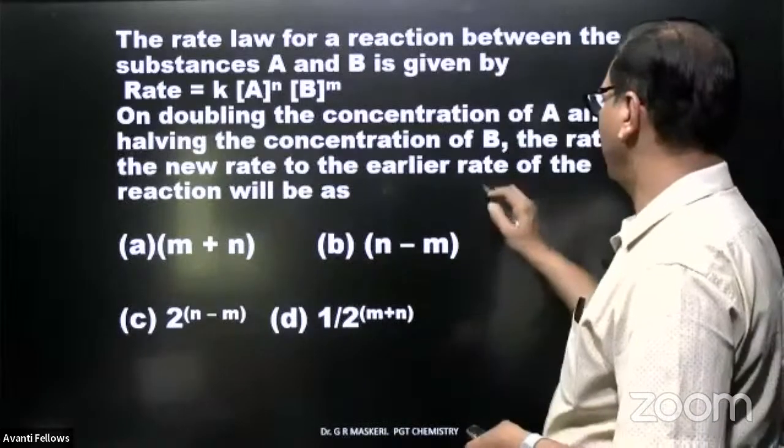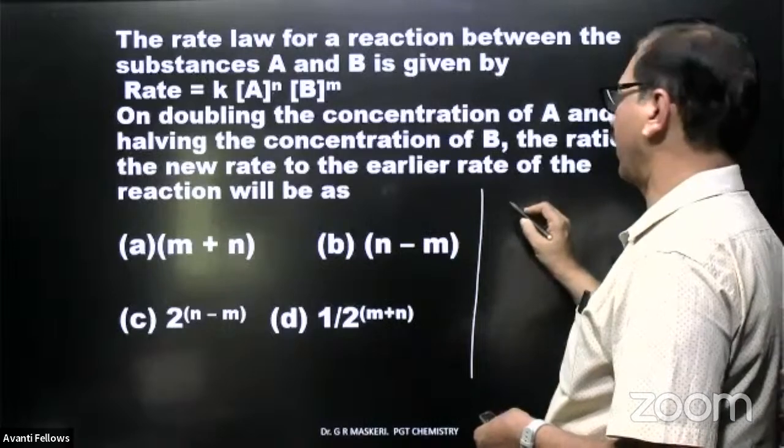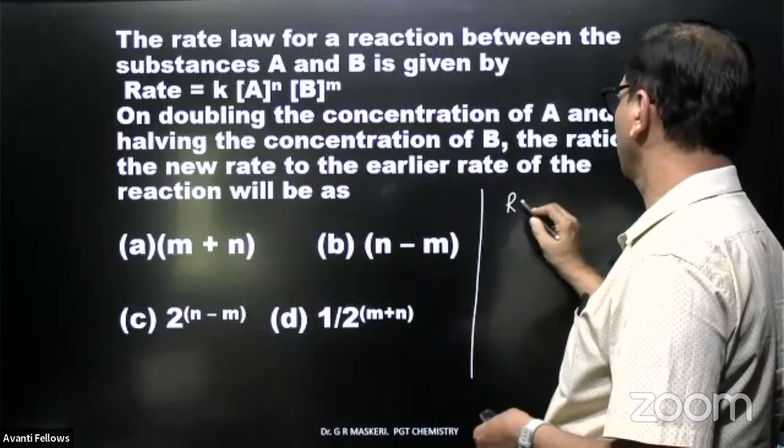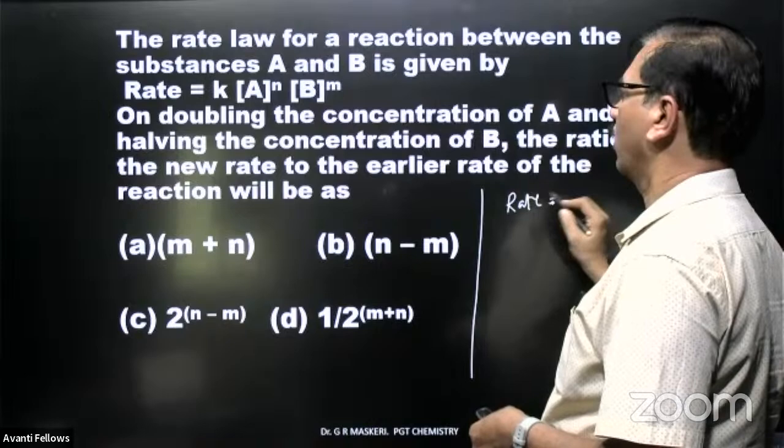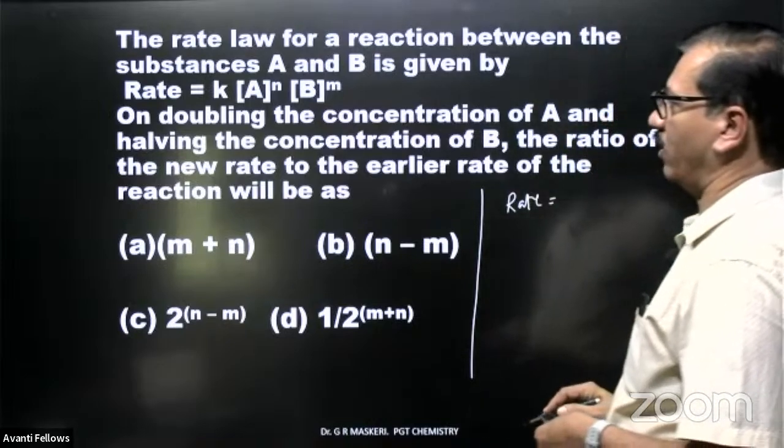So we need a little bit of this. In the first case, rate is equal to k into A to the power n and B to the power m.